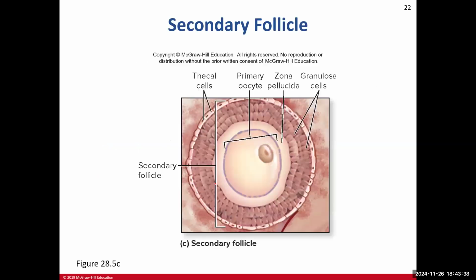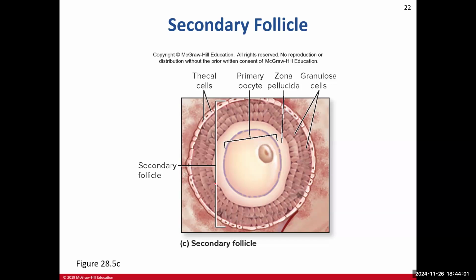All right. So this is what we're looking at with our secondary follicle. Keep in mind, the primary oocyte is still stuck in prophase 1, hasn't done anything yet, nothing too exciting going on there. But what we've seen is, in the follicle, we've now developed another layer of cells here, and those are going to be the granulosa cells.